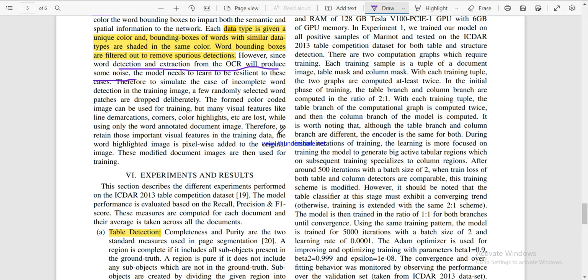Therefore, to retain those important visual features in the training data, the word highlighted image is pixel-wise added to the original image. These modified document images are then used for training.